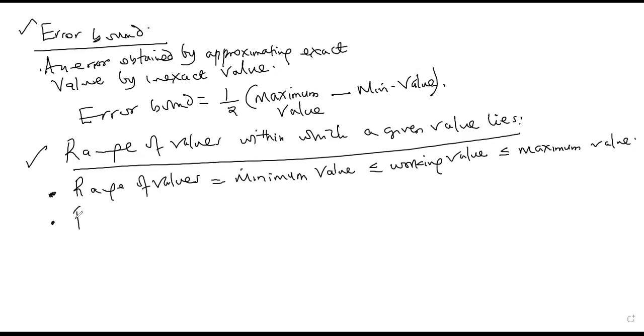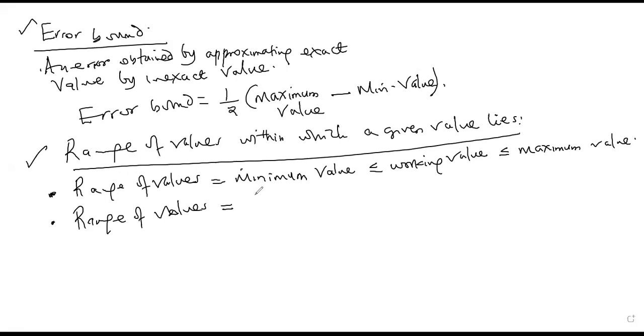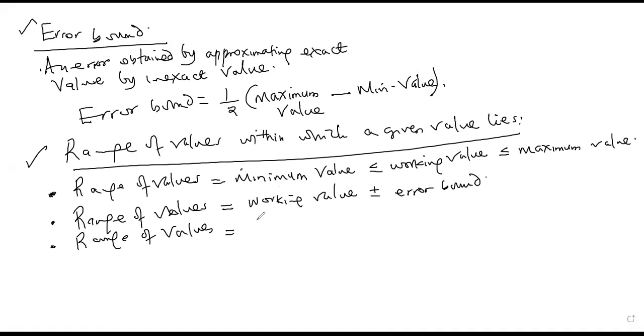Or one can say that the range of values is equal to the working value plus or minus the error bound, or one can say the range of values is equal to minimum value, comma, maximum value.